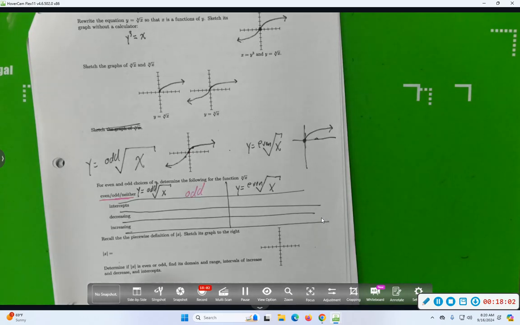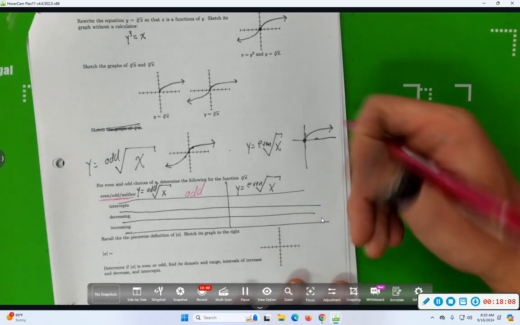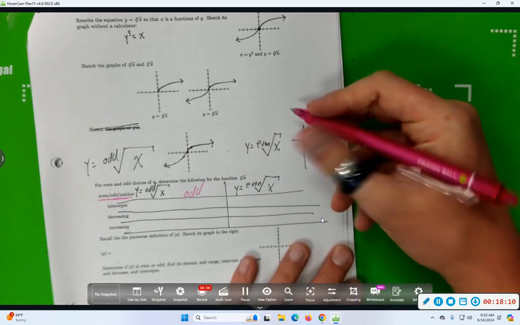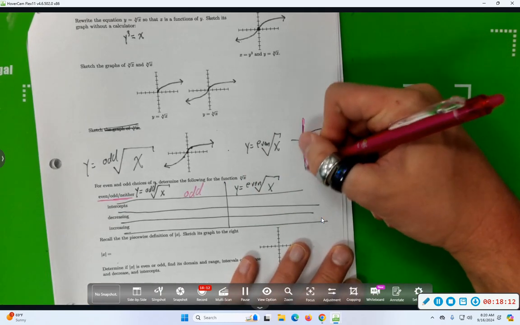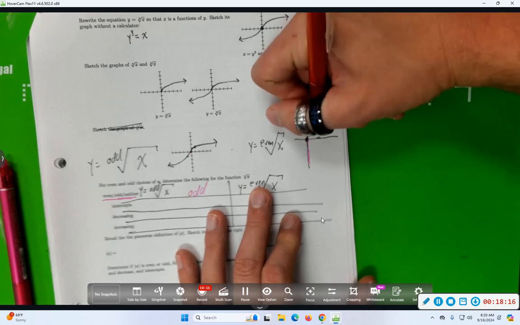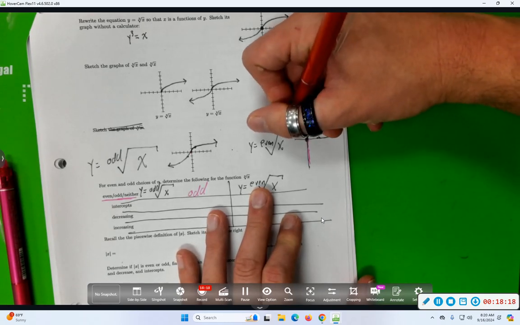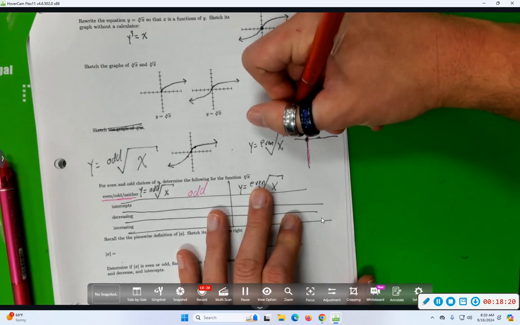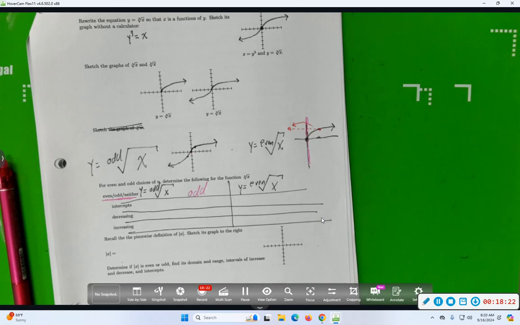A function is even if its graph is symmetric over the y-axis. So let's just check for that. There's the y-axis. Here's a point that's on the graph. If you reflect that over the y-axis, you get that point. Is that still a point on the graph? Is it actually symmetric over the y-axis?